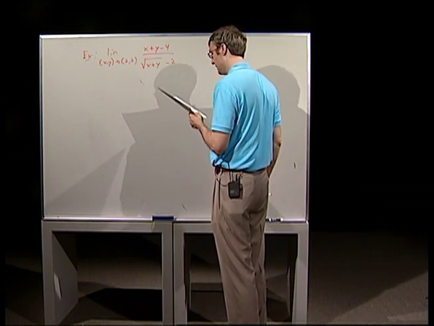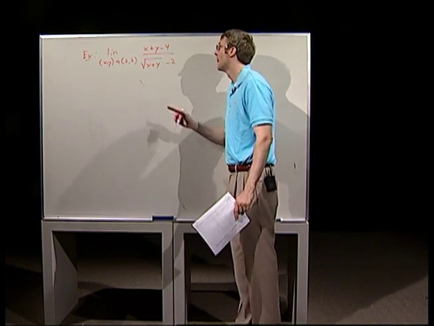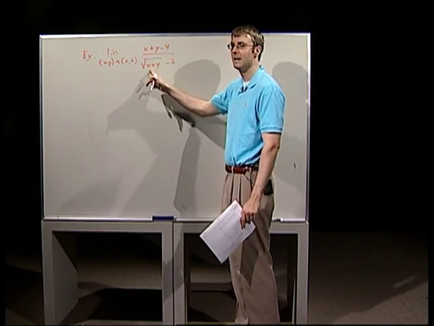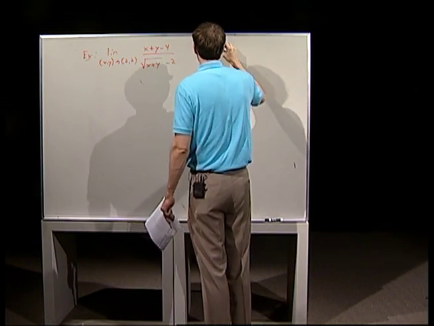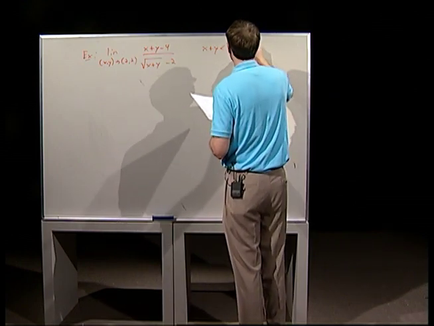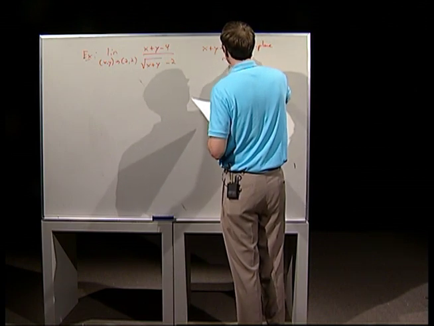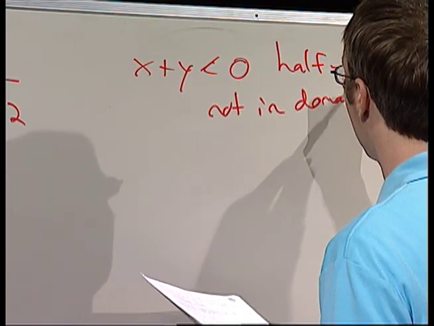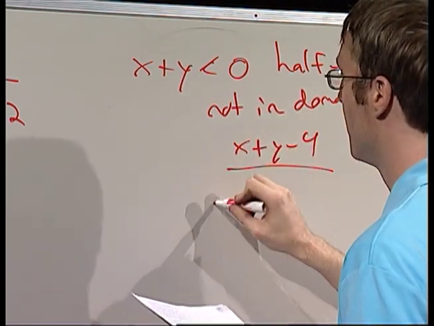Here we see a number of things. First of all, this quantity cannot be negative, otherwise the whole thing falls apart. So x plus y less than 0, this half plane, is not in the domain of this function.